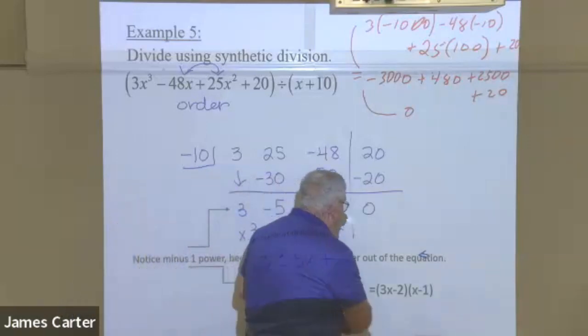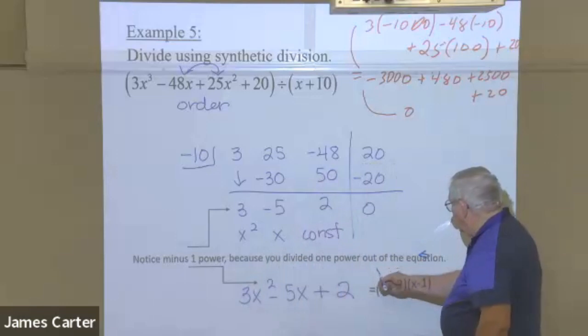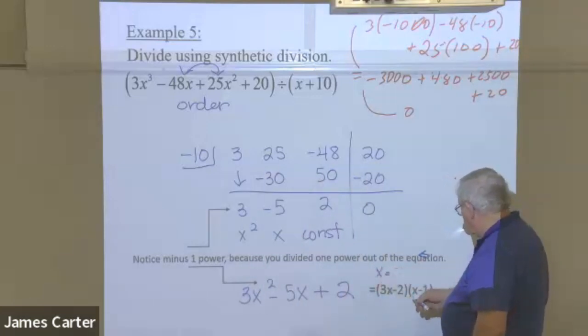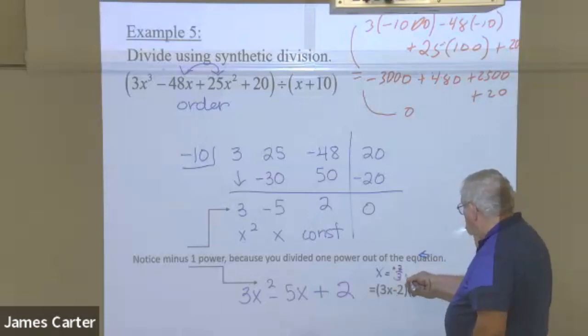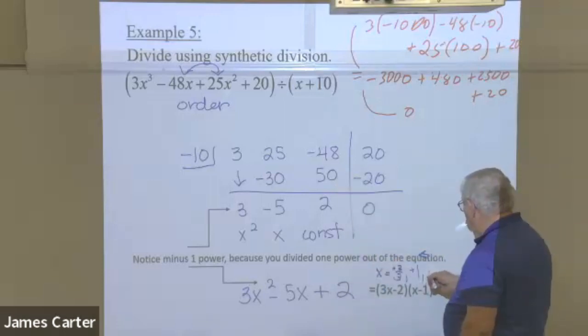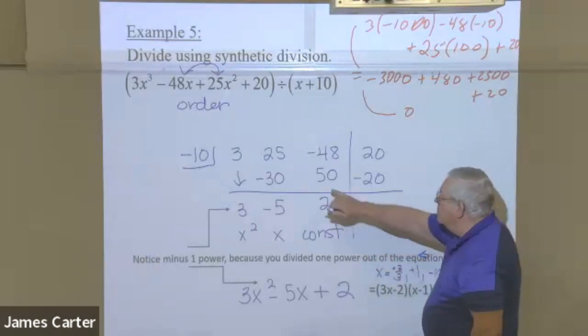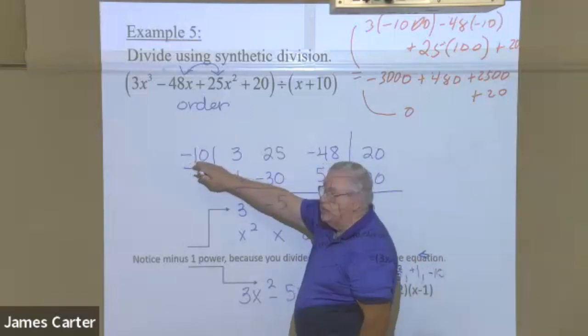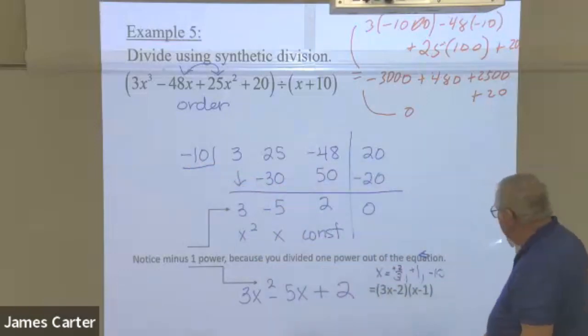This would generate the values x equals, in this case, positive 2/3, and in this case, it would equal positive 1. Okay, so we now have the three values, also negative 10, because this came out with a 0 remainder. We know that that is indeed a root or a 0 of this.